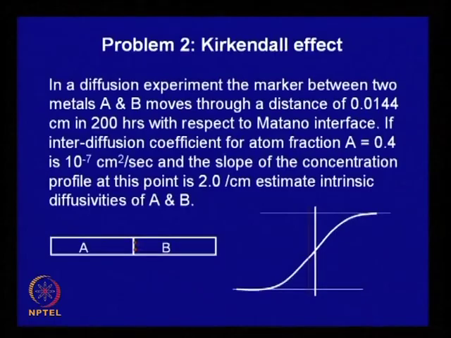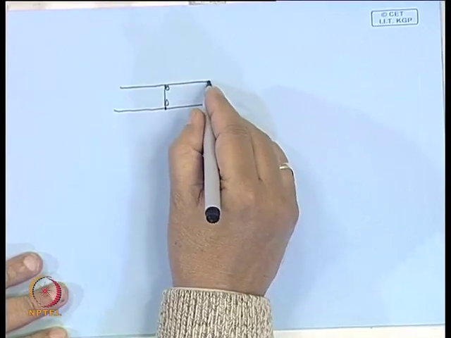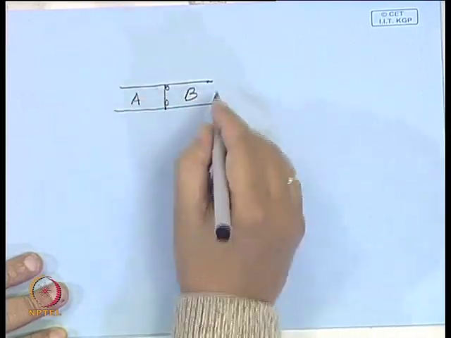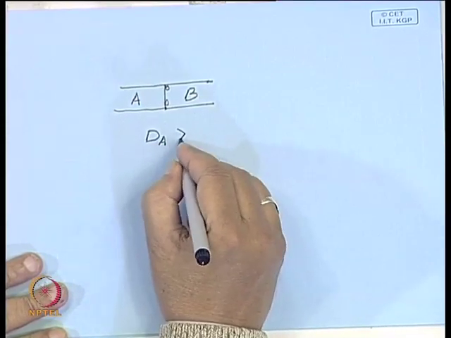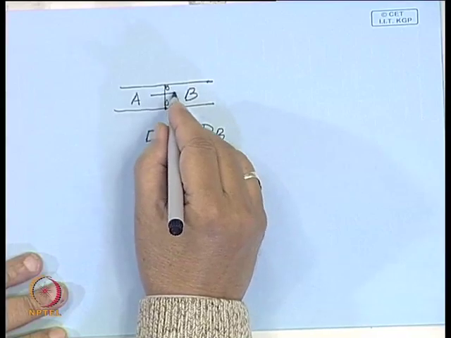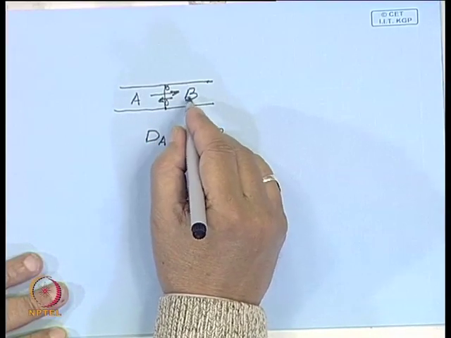Now, let us look at another problem. This is a problem on the Kirkendall effect, and we have seen that if you take a diffusion couple and then you put a marker, often the diffusivity of the two metals may not be the same, maybe the diffusivity of A is greater than the diffusivity of B. In that case, more A atoms will move in this direction than the number of B atoms moving in this.